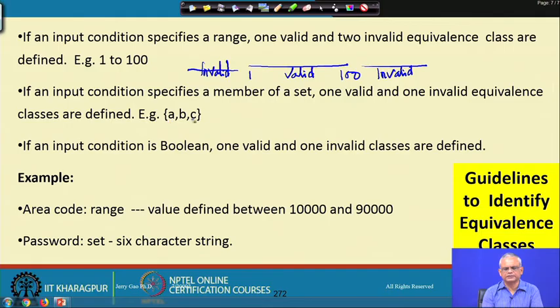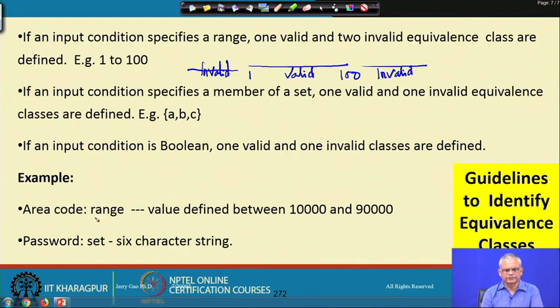So, for a set of data, we have two equivalence classes, one valid and one invalid. Valid belongs to the set, invalid is anything other than that. If the input condition is a Boolean, again we have one valid and one invalid, that is, we give a Boolean value or do not give a Boolean value.